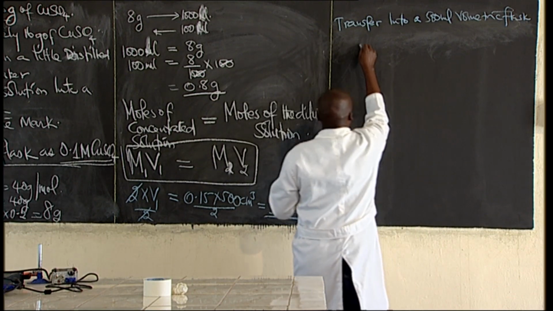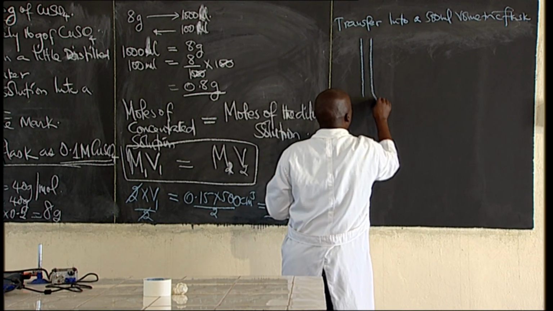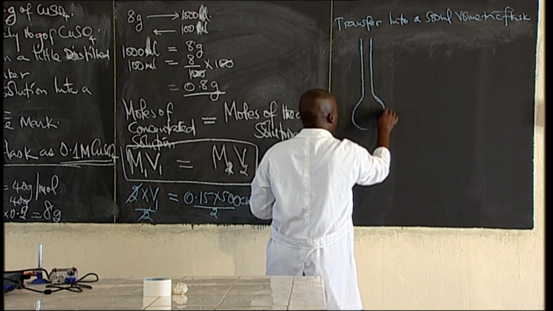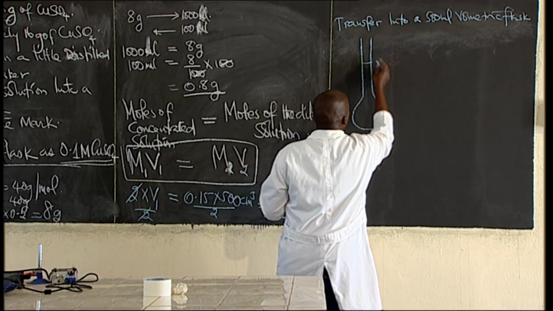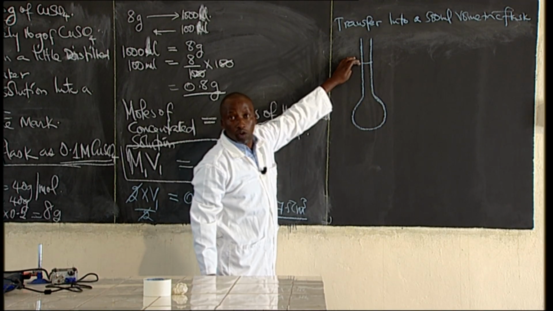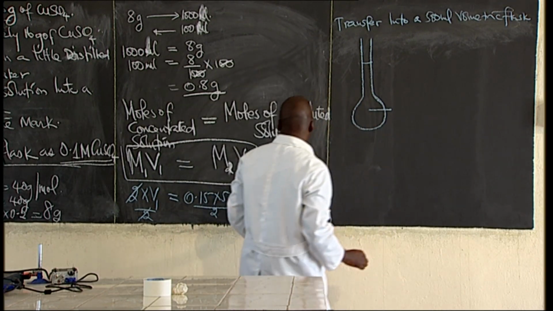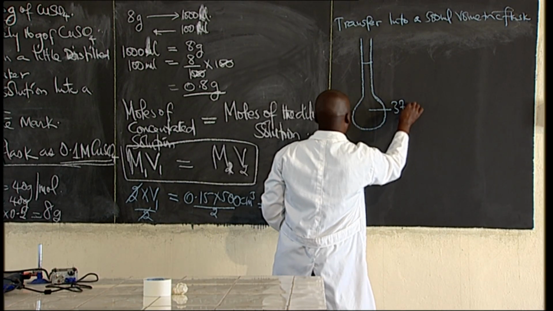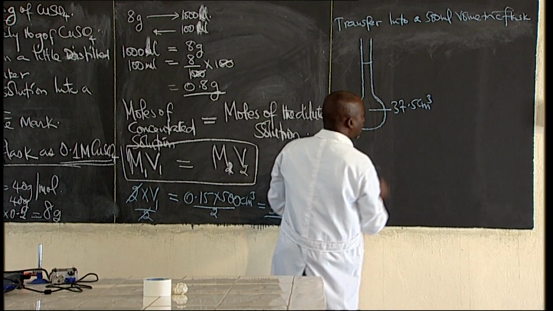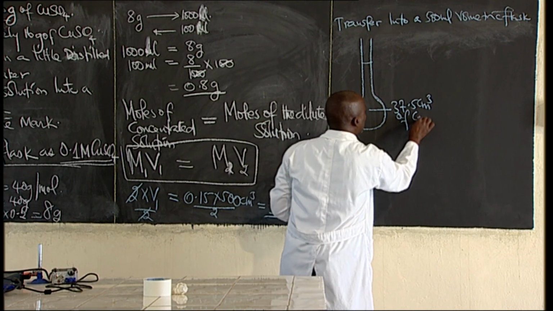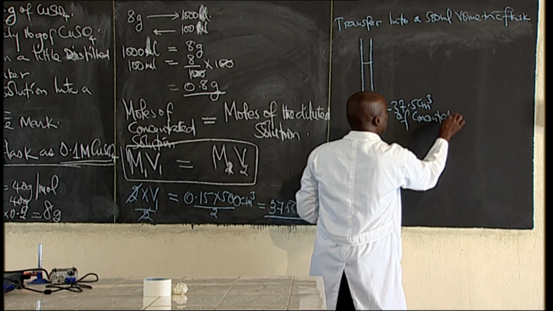Maybe the volumetric flask looks like this, and this is 500 where it stops, on this mark. So you have added 37.5 cubic centimeters of concentrated sulfuric acid.